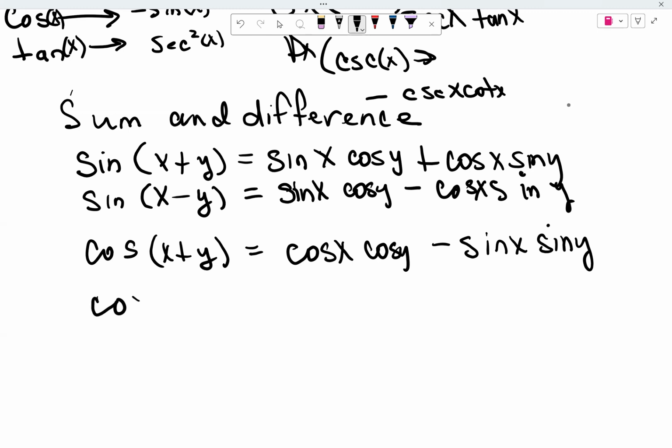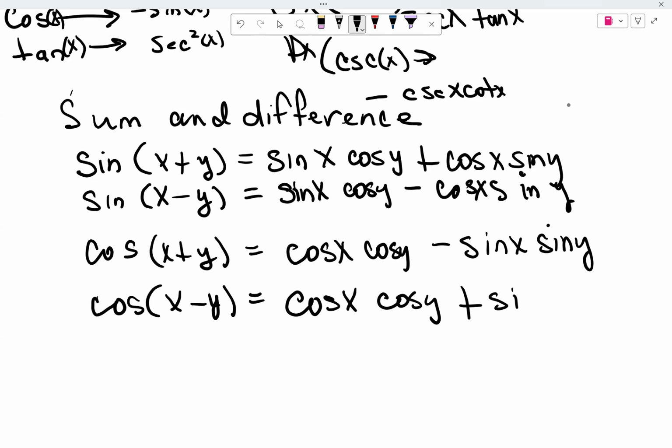And if I have the cosine of x minus y, this is equivalent to cosine x cosine y plus sine x sine y.